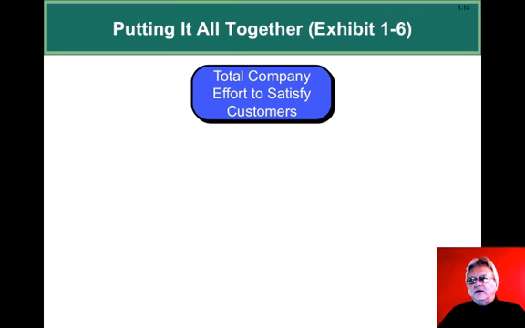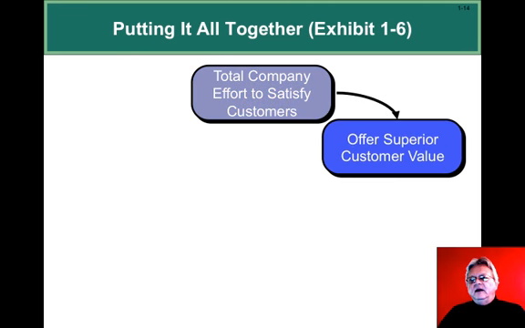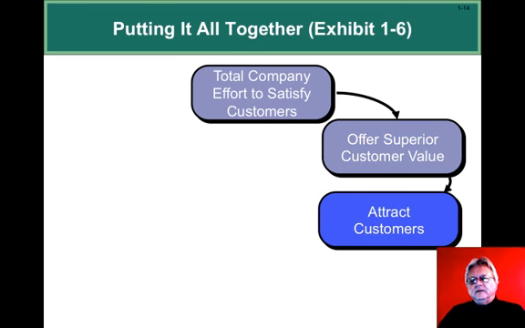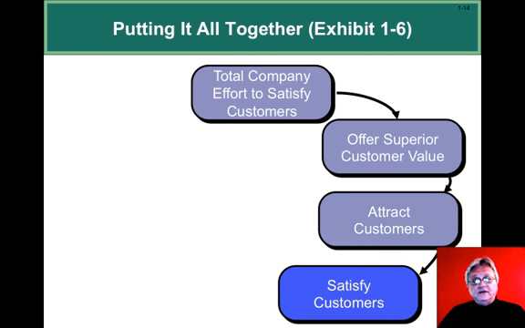And that's guided by that marketing concept philosophy that we talked about. It involves coming up with a product or service that offers some competitively superior value to the customer. If that's done effectively, that should attract customers, that should develop a market, and the goal is to satisfy customers.